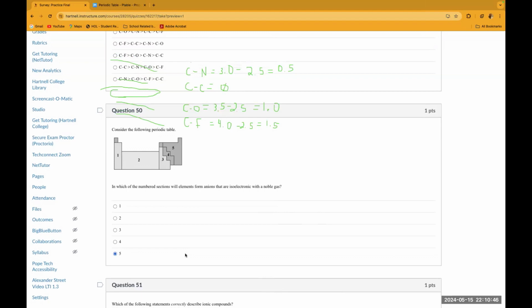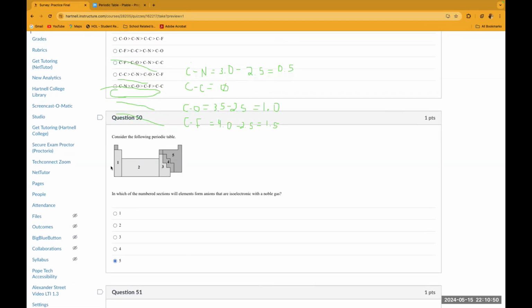And would 1 be cations that are also isoelectronic to noble gases? That's right. And 2, those vary, right? 2s, 3s, and 4s when they form cations, so they're all going to vary.